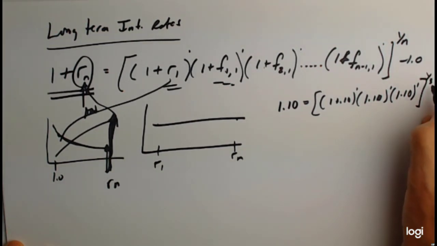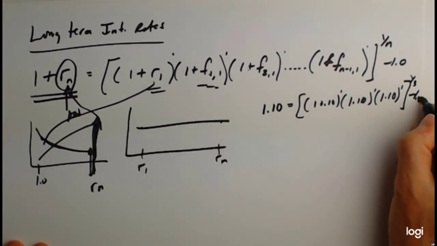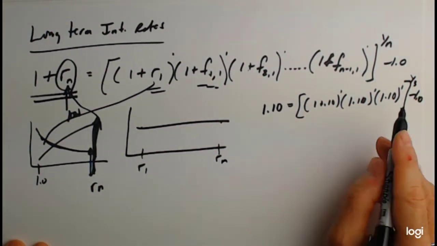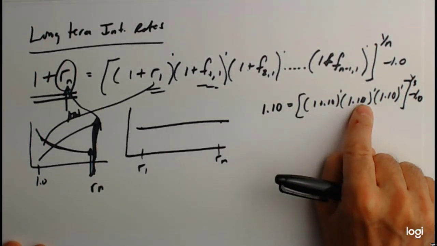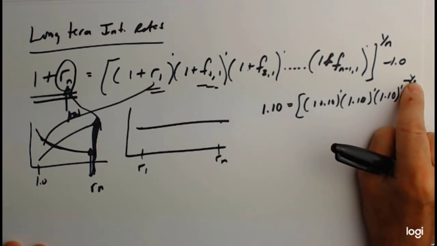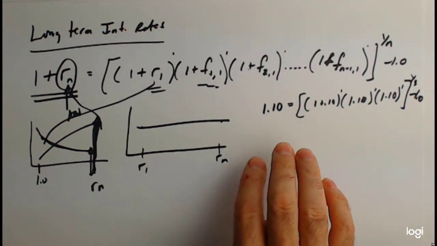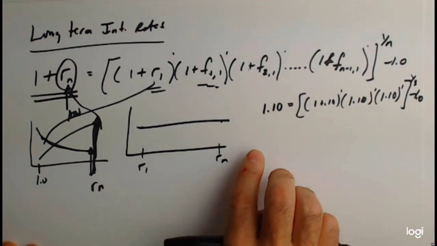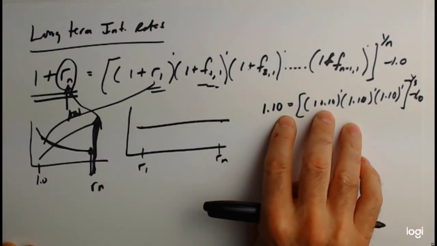And then you take it to the 1/3 power minus 1. We're running out of space. That's a minus 1.0 here. Well, this 10%, 10%, 10% averaged, it doesn't matter if you average it arithmetically or geometrically by taking it to the 1/3 power. It's going to be 10%. So remember, geometric and arithmetic averages are the same when you have constant interest rates, which we have at 10%.